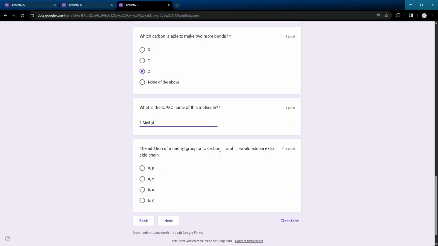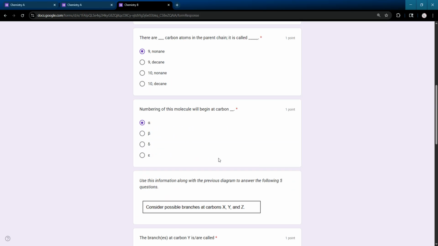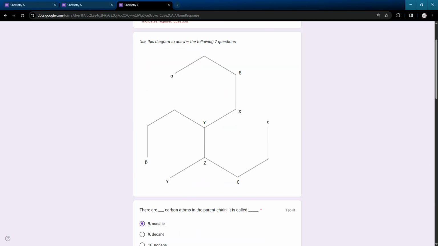In addition to a methyl group carbon, which would add an extra side chain, which could make a side.